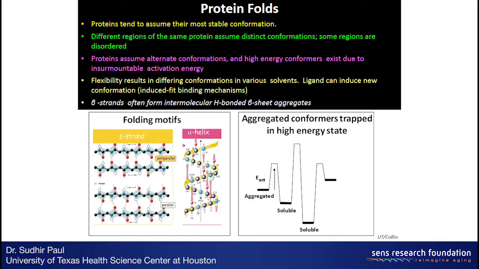The amyloidogenic proteins generally have these beta strand motifs in which different parts of the protein are hydrogen bonded with each other, mostly stretched out, and from a beta strand they can form this type of hydrogen bonds intermolecularly and form what is called the beta sheets, resulting in aggregation.